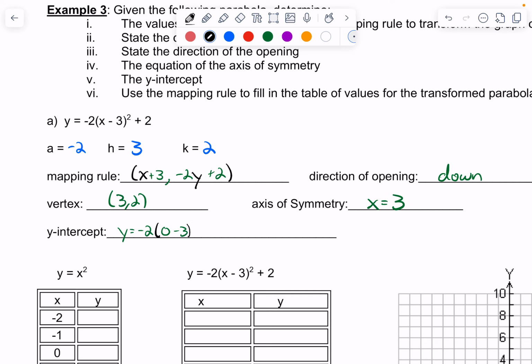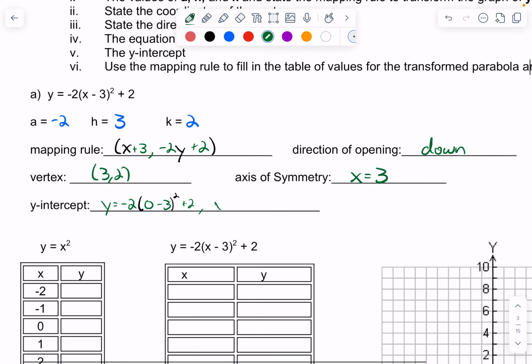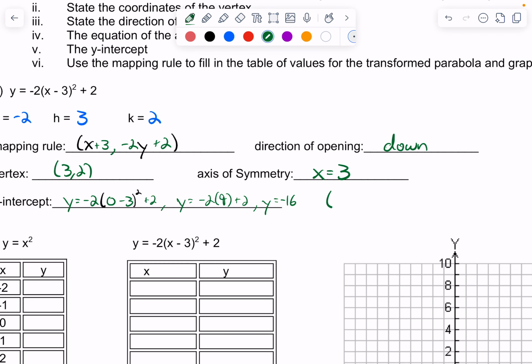Square that, plus 2. So you get y equals minus 2 times minus 3 squared, so 9, plus 2. And then y equals negative 2 times 9 is negative 18. Plus 2 to that, that's y equals minus 16. And the y-intercept, please put it in a coordinate, would be at (0, minus 16), okay?